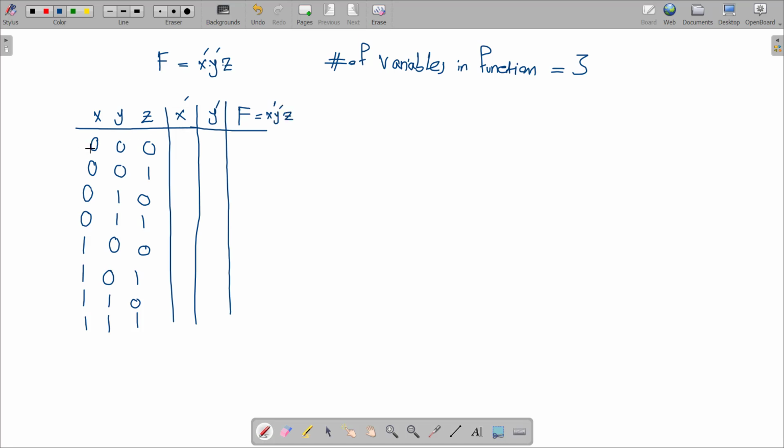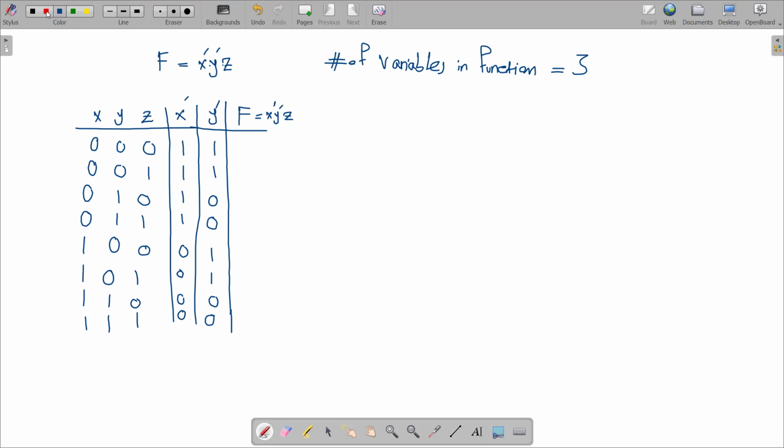So x prime is the complement of x, so it means that I will have 4 ones and 4 zeros. In the case of y prime, I have to complement this column, so it means that I will have something like that. According to the value of y, I can produce y prime.